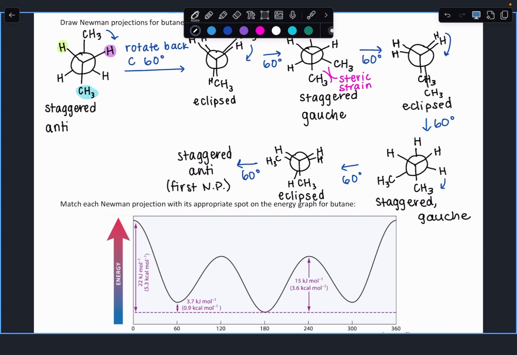Hopefully you can plot the 6 Newman projections along this energy diagram. So we have 4 crests, which are eclipsed, and then 3 troughs, which should be staggered.